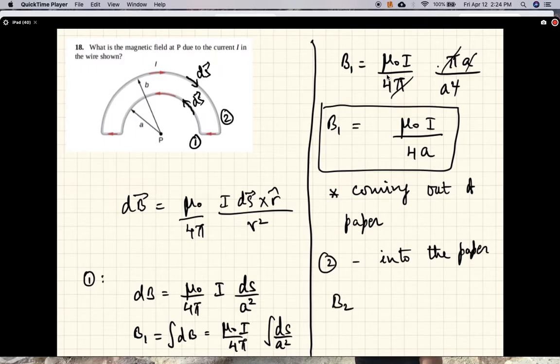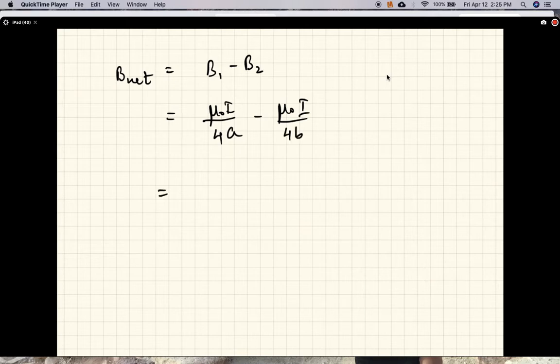It is mu naught I over 4b. And so the net field at the center will be B1 minus B2, and that's equal to mu naught I over 4a minus mu naught I over 4b, equal to mu naught I divided by 4, times 1 over a minus 1 over b.